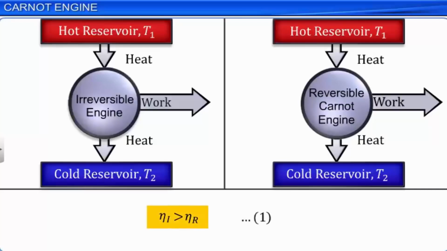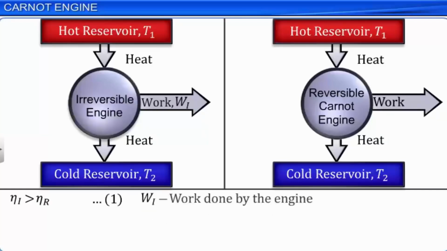If eta I is greater than eta R, then the work done by the engine I must be greater than the work done by the engine R. If Wi is the work done by the engine I, and Wr is the work done by the engine R, then Wi is greater than Wr.